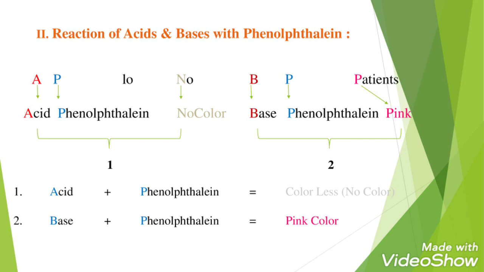Next part, BP patients. B for base, P for phenolphthalein. Base reacting with phenolphthalein, patients means P for pink. You will get pink color. So in this one sentence, you can remember two reactions of indicators.